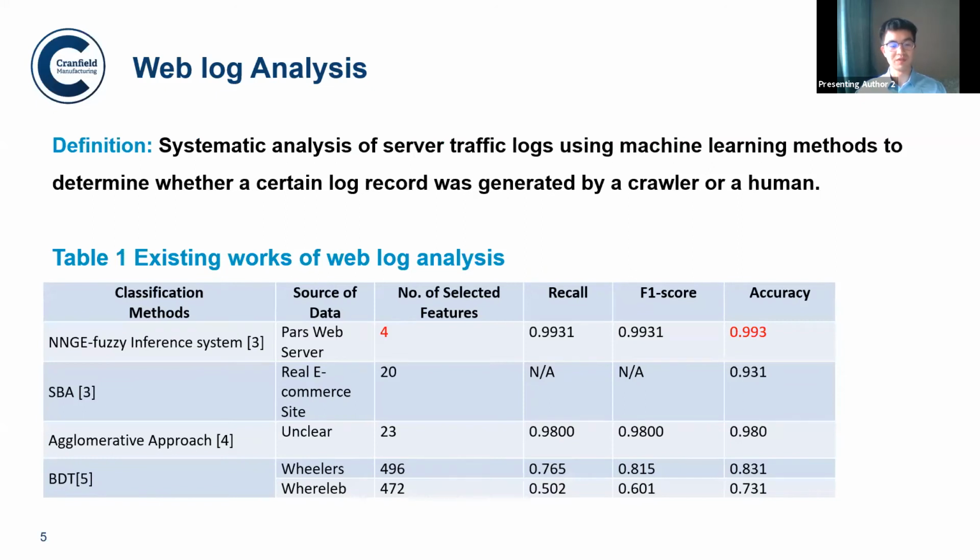The first theme is web log analysis using machine learning models. Just in case you are unfamiliar with web logs, I would like to explain briefly. Whenever a visitor browses a website, the server will automatically generate a log file. Each log usually has many columns, which record the information of the visitor, such as the IP address and the server name.